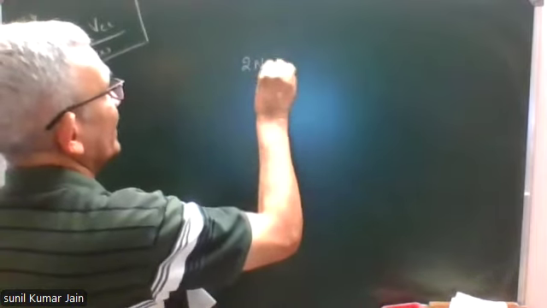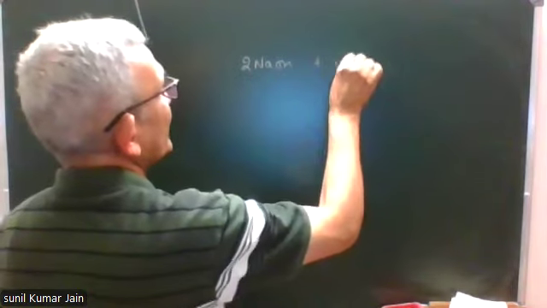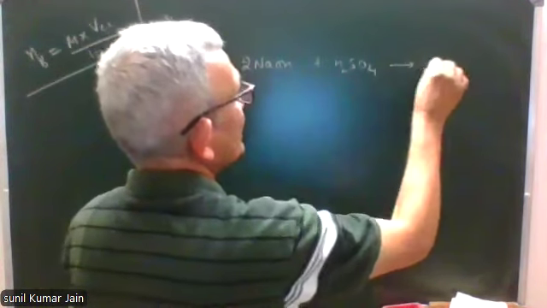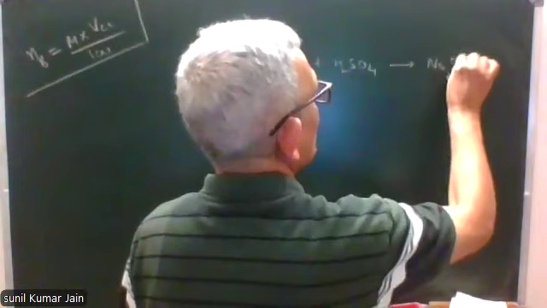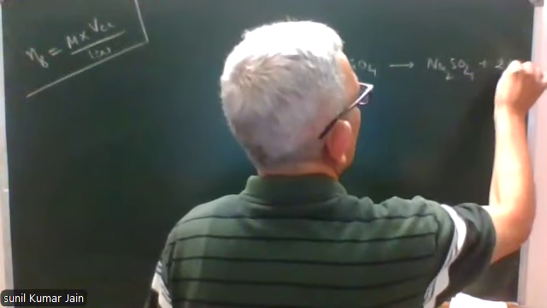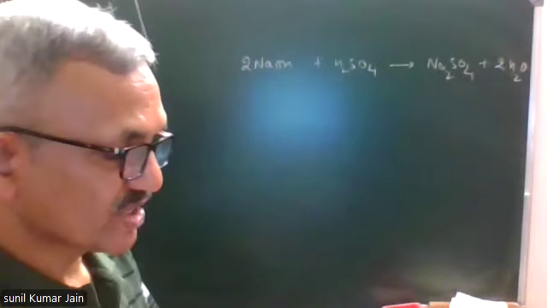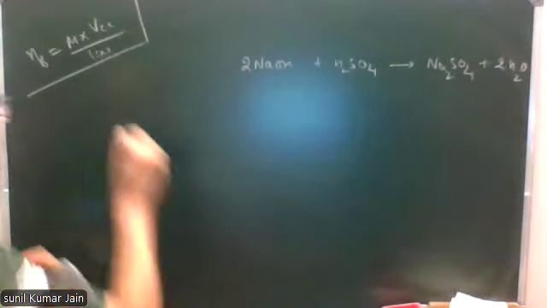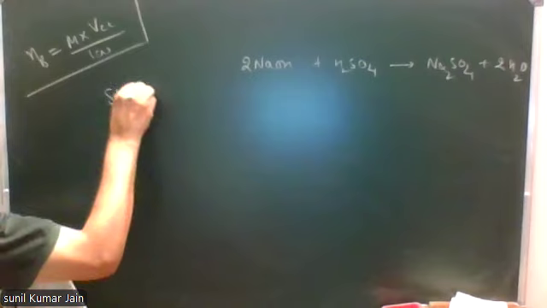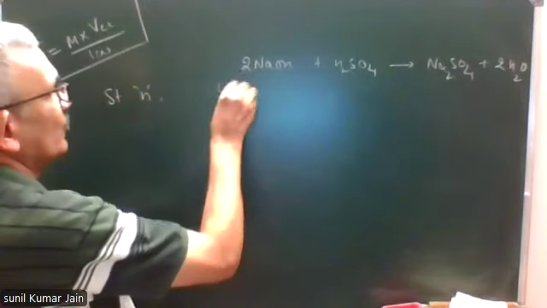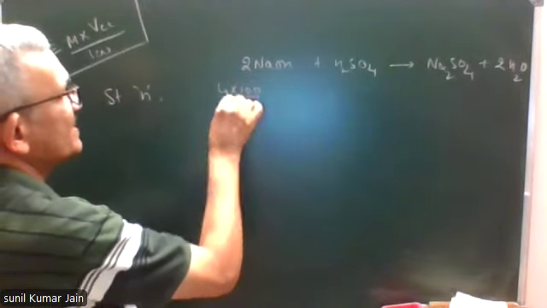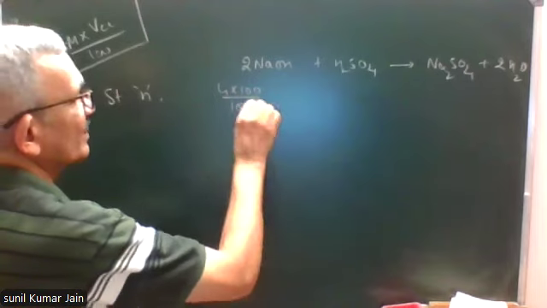Let me write the equation. 2 NaOH plus sulfuric acid gives Na2SO4 plus 2 water. 100 cc of 4 molar NaOH, so starting moles will be 4 molar into 100 cc divided by 1000.